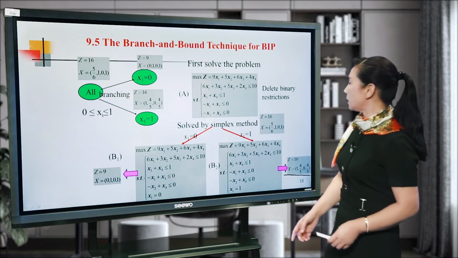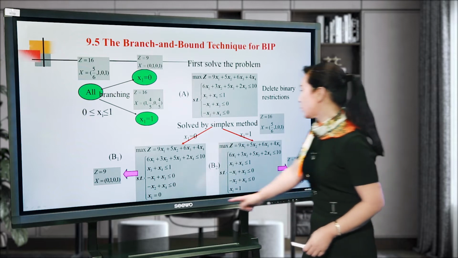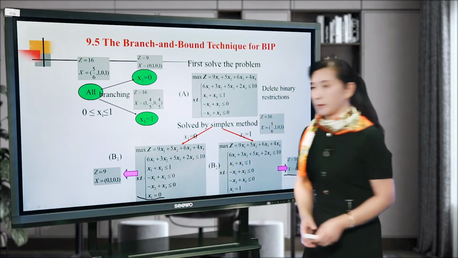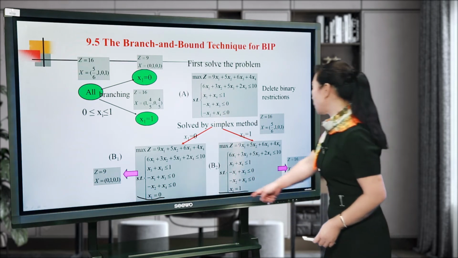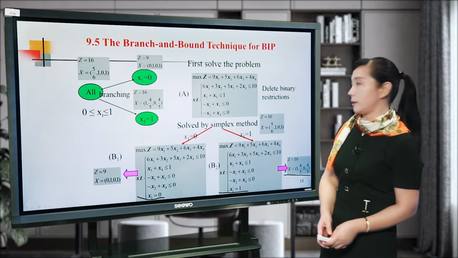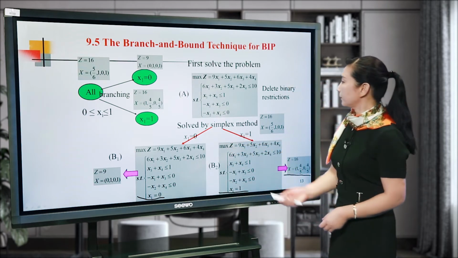And we notice that in the B1 model we add the additional constraint x1 = 0, and in the B2 problem we add the additional constraint x1 = 1. So these are the two subproblems.